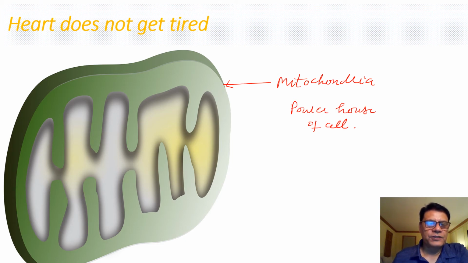How does it produce power? There are two types of reactions: anaerobic and aerobic respirations.